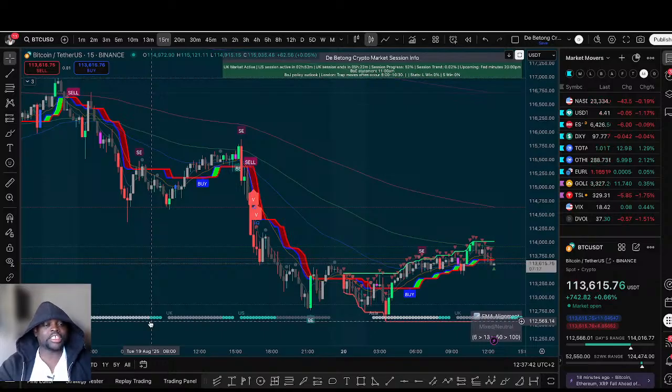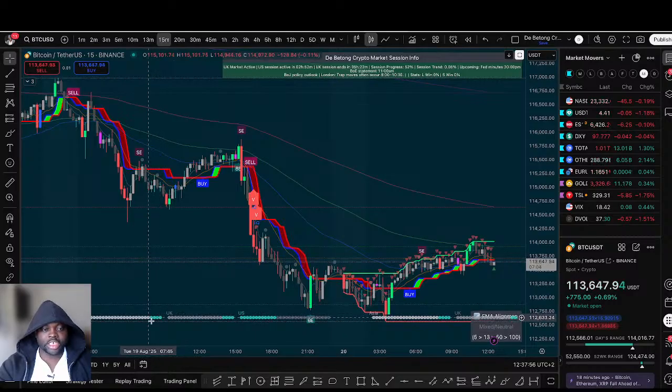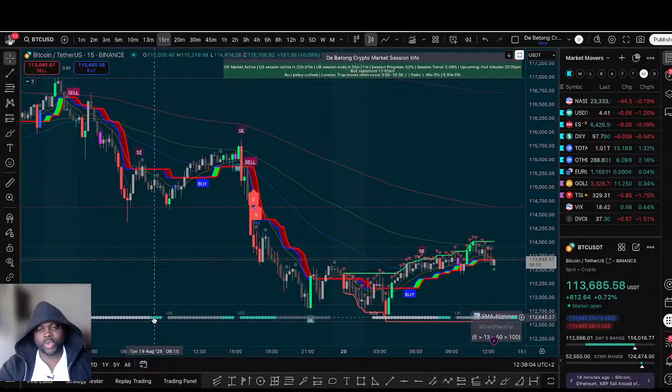During the Asia session is around 8 p.m. my time. Your time, I don't know what your time is going to be. But if you insert the indicator on your chart, you're going to see this shaded zone like this. With Asia, there's not much going on usually. UK, not much, but US has much volume.